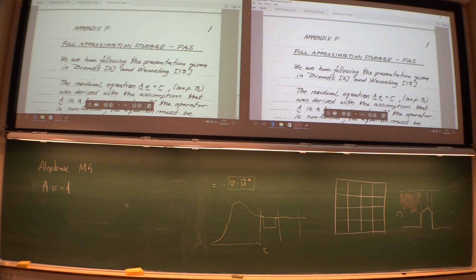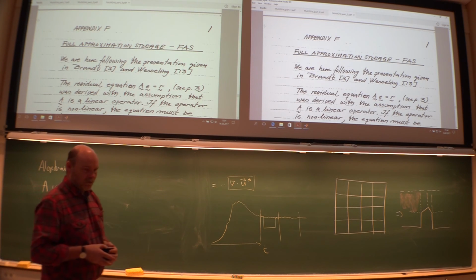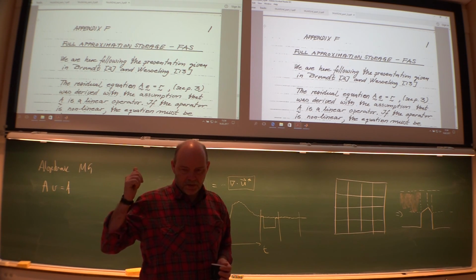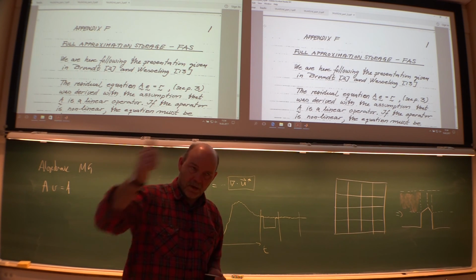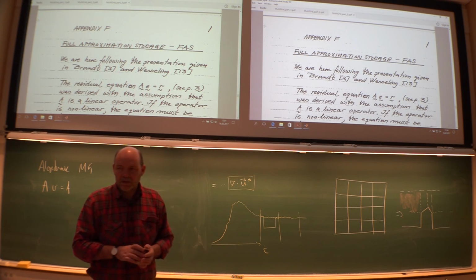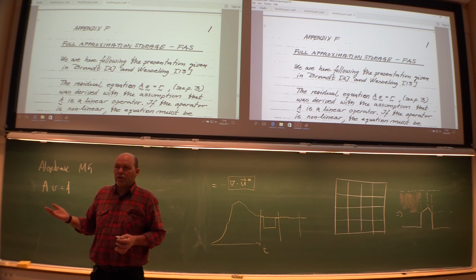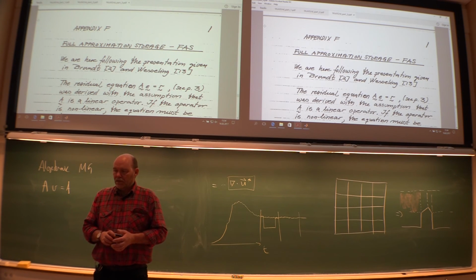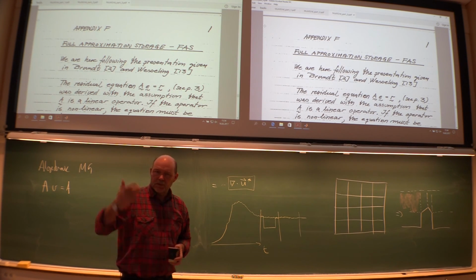Finally, if you have problems initially with using the residual equation. Remember the demand, your equation system had to be linear in order to produce a residual equation. Now, suppose you have a nonlinear system, then you can forget all about the residual equation.